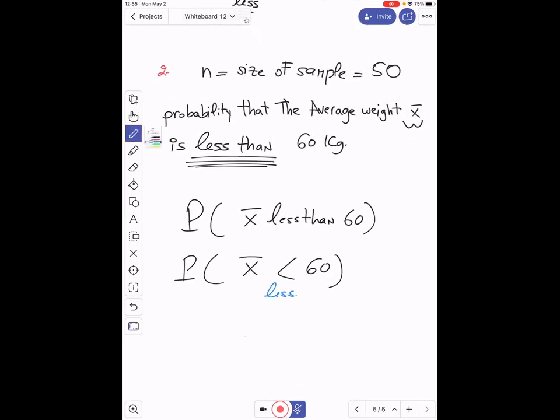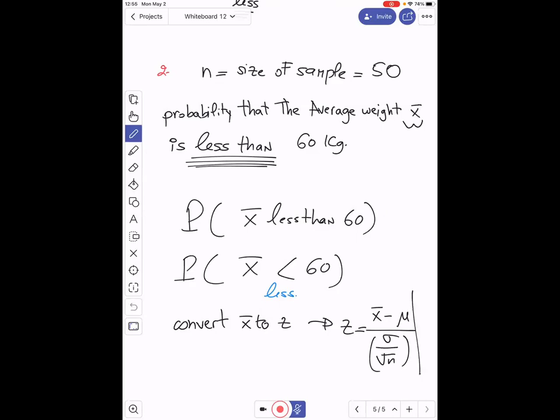So we need to convert X bar, not X, to Z. The formula for X bar is different from X. It's not the same formula. The formula is X bar minus mu over sigma, not just sigma, but sigma over square root of n, where n is the size of the sample.